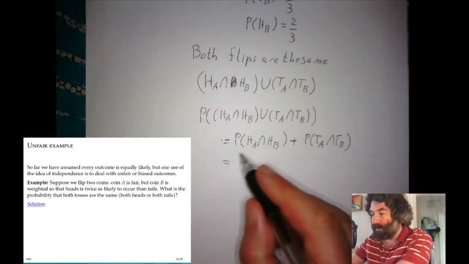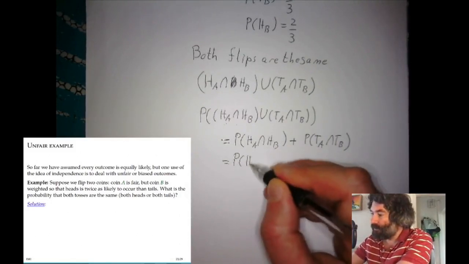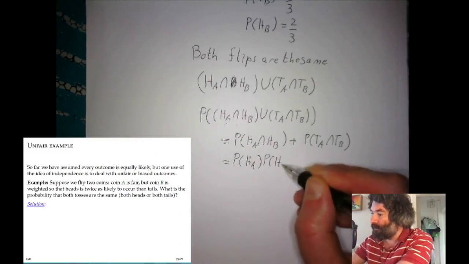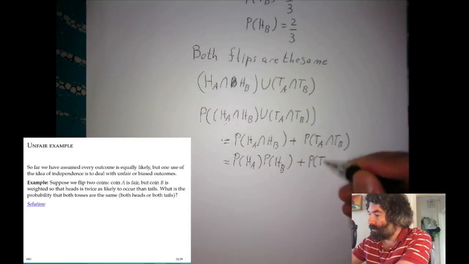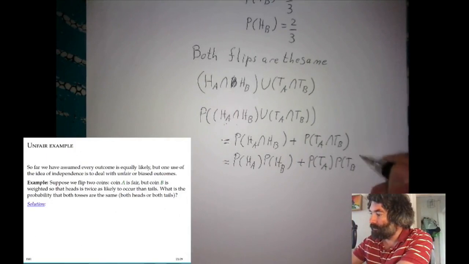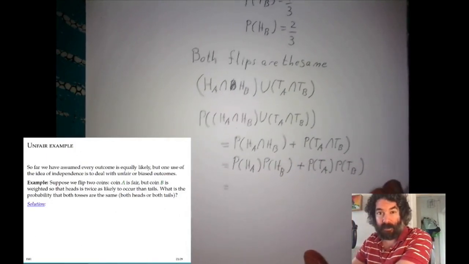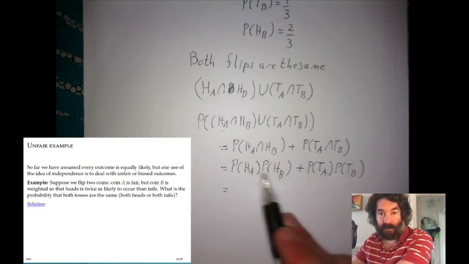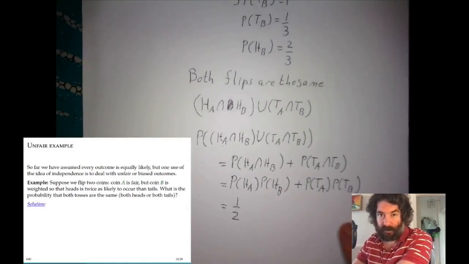So that means, remember the definition of independence, that this is the probability of getting heads on A times the probability of getting heads on B, plus the probability of getting tails on A times the probability of getting tails on B. And we figured out what these individual probabilities were, right? Remember, for the coin A, they were both 1/2. So this is 1/2. And then for B, they're just up here.